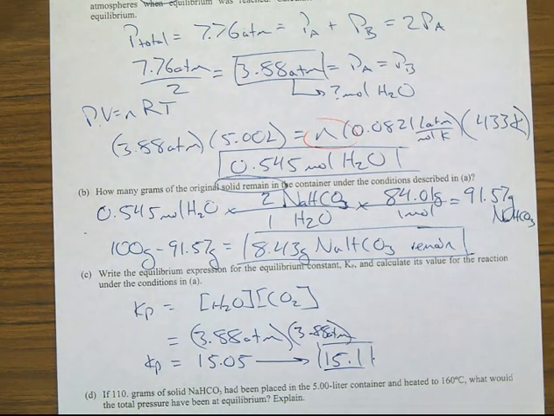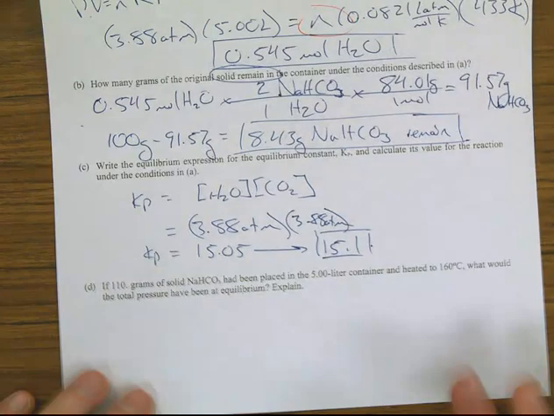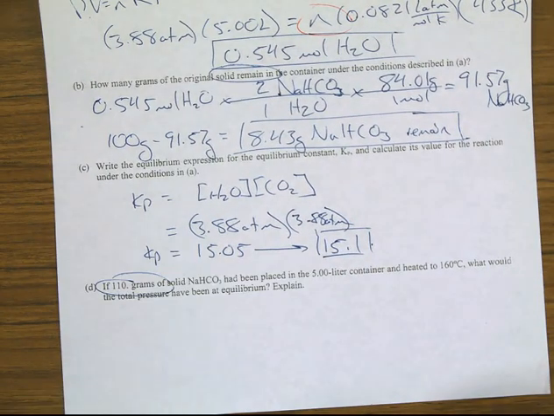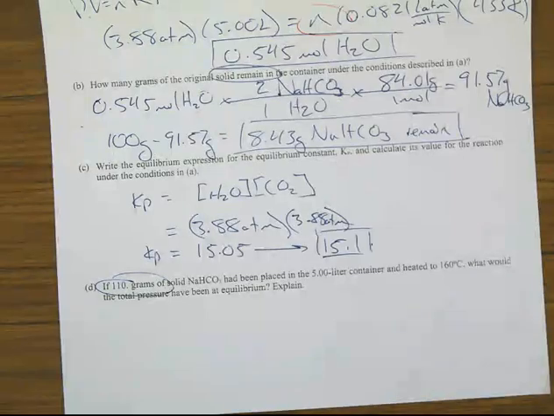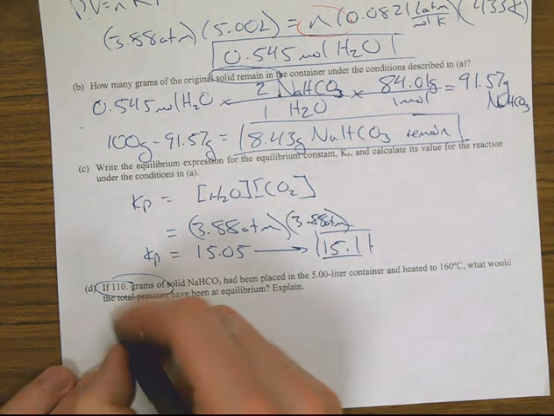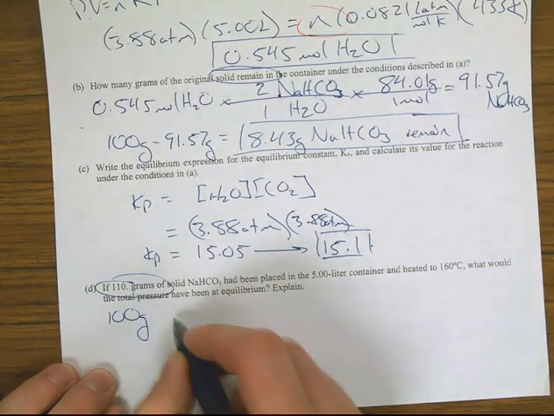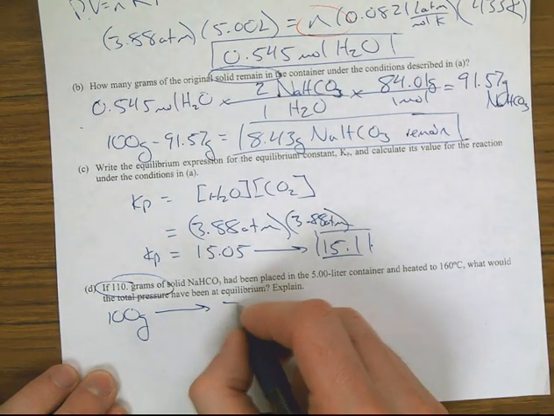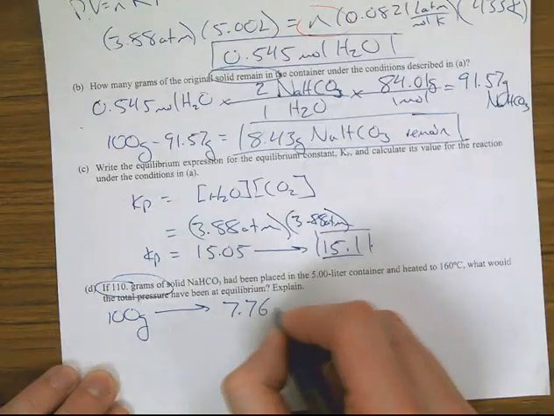Now for D, it says you've placed 110 grams of solid sodium hydrogen carbonate. What's the total pressure? Well, we have a different starting mass this time. Before, we began with 100 grams, and that resulted in a total pressure of 7.76 atmospheres.